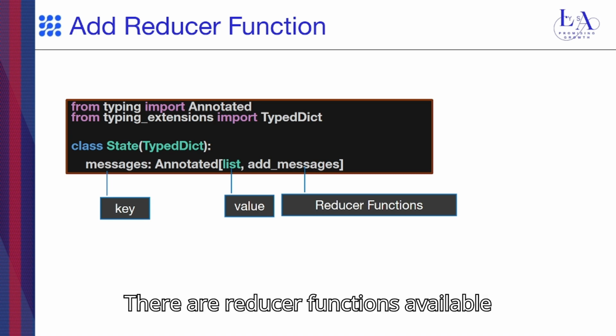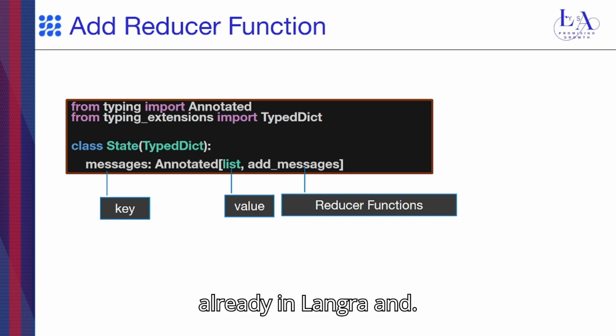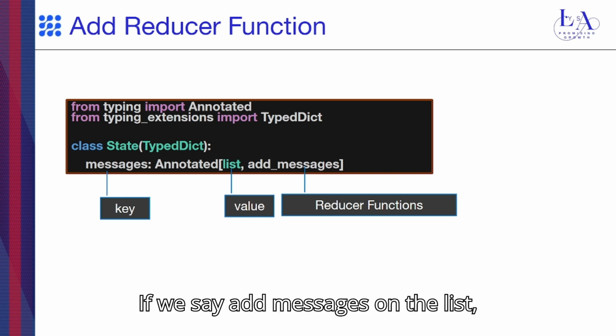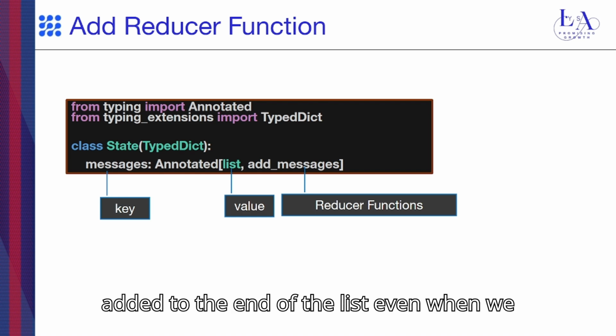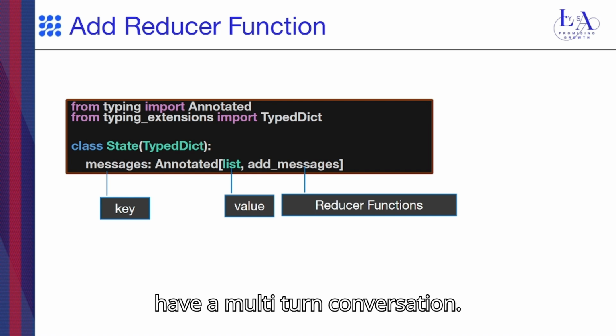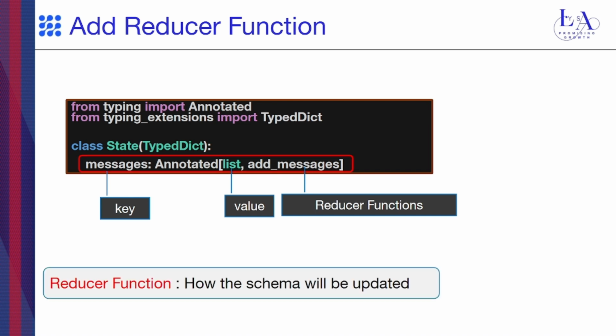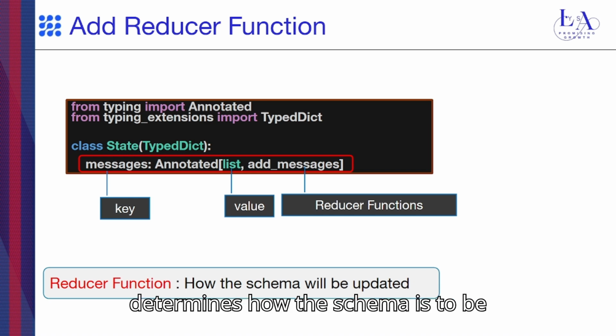There are reducer functions available already in LangGraph, and if we say add_messages on the list, automatically the messages are added to the end of the list, even when we have a multi-turn conversation. The reducer function is what determines how the schema is to be updated.